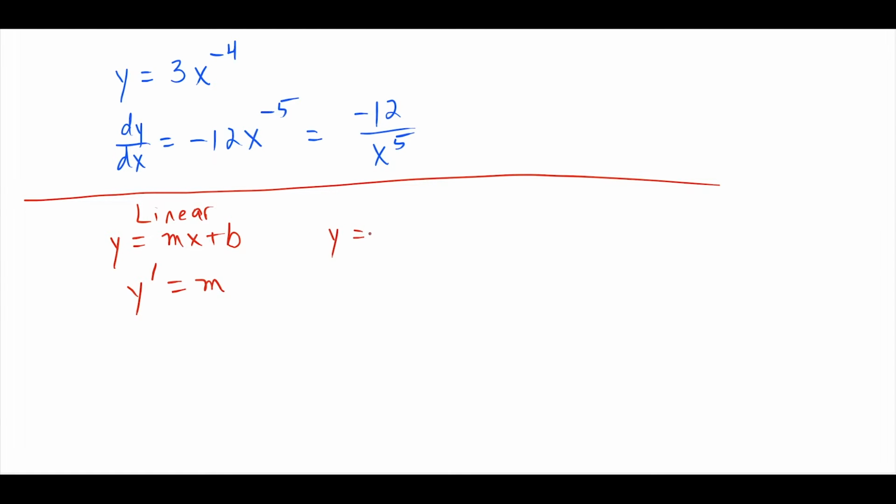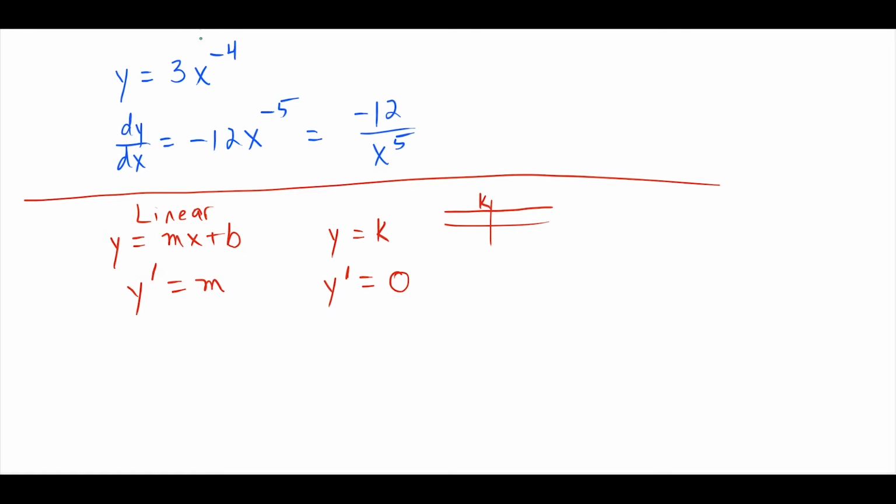If we had a function that was just y equals k, where k was constant, this is another type of linear function, and the slope is equal to 0. So anytime you have something like y equals k, it's a horizontal line, and a horizontal line has a 0 slope.